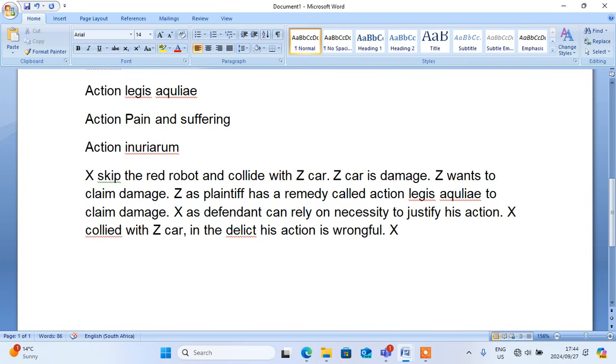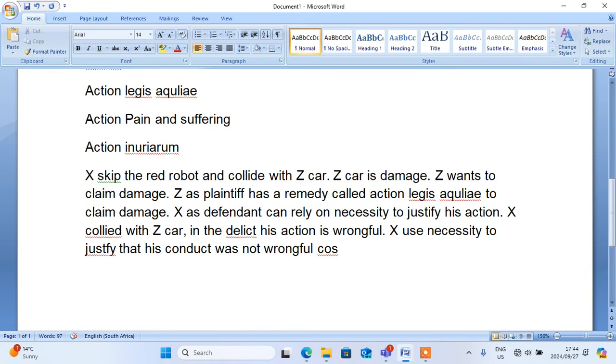Now, X uses necessity, right, to justify that his conduct was not wrongful, because there was necessity, since he was rushing his child to hospital.